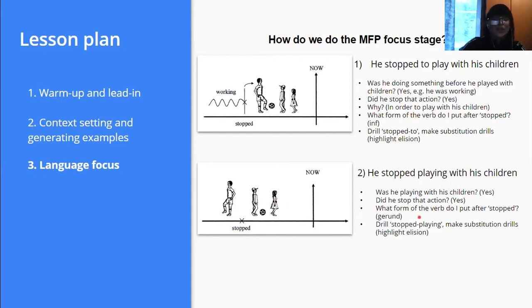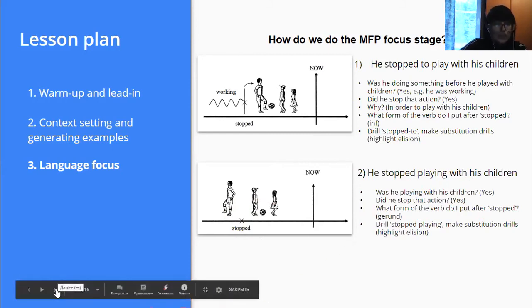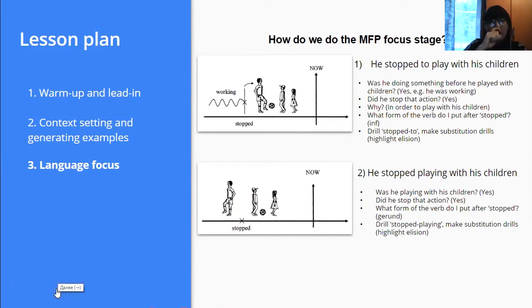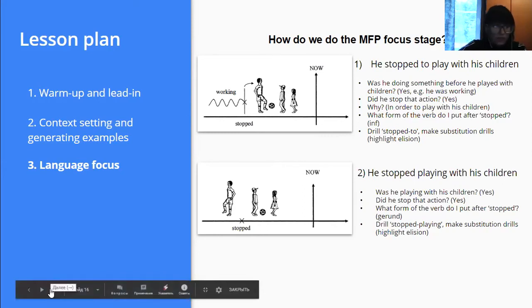And again, drill, stopped playing, highlight elision. It's not so simple as it seems to be, just because you have to be watchful. You have to ask quite relevant questions, not just questions that might come out of the blue, something relevant, right, in terms of these particular pictures.